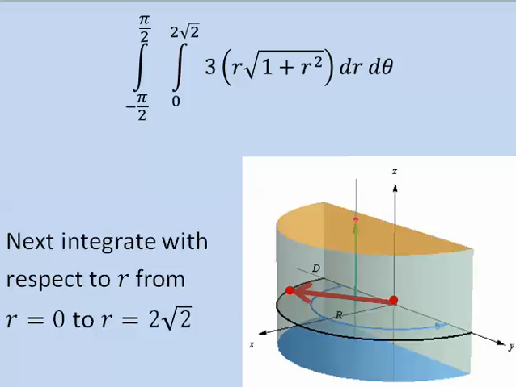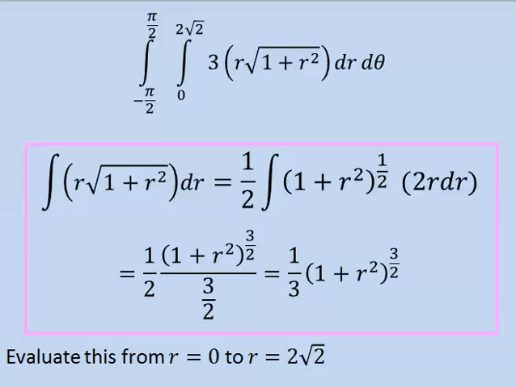Next, we want to integrate with respect to r. Now, theta is being held constant. So what I'm doing in this next frame is focusing on the antiderivative of r times the radical of 1 plus r squared, and evaluating it from 0 to 2 radical 2.